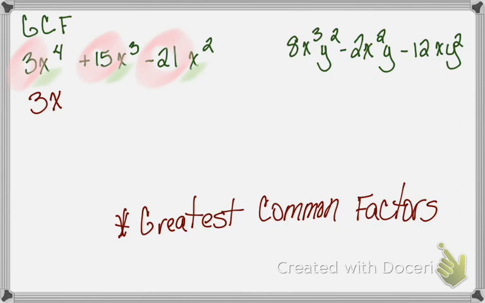But now what I want to look at is what is my lowest exponent? X squared. So I can take an x squared out of every one of them. Okay? So 3x squared is my greatest common factor. There is a 3x squared in every single one of those terms.